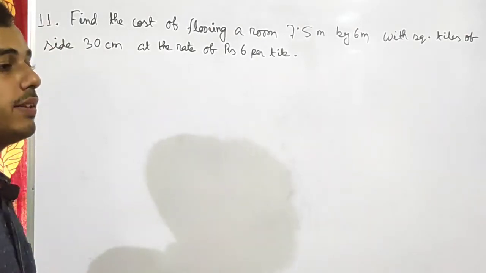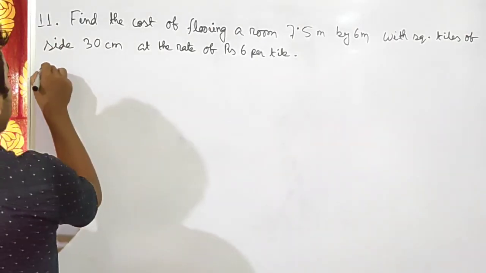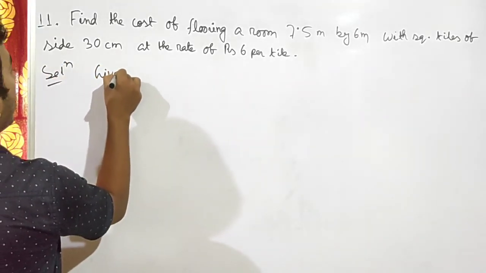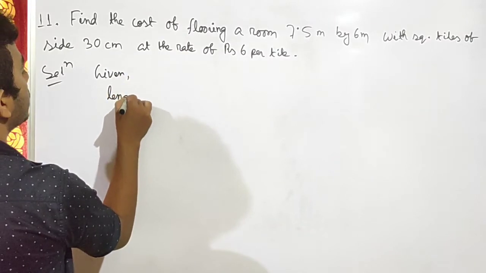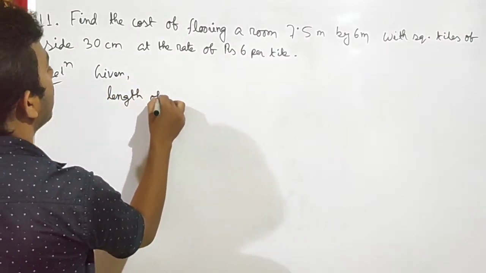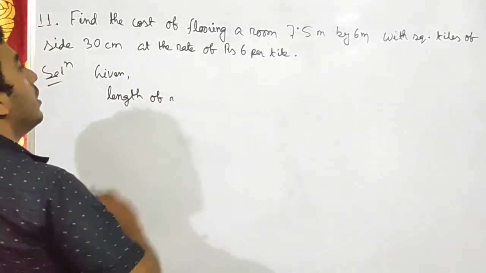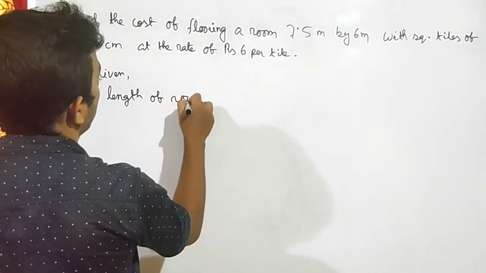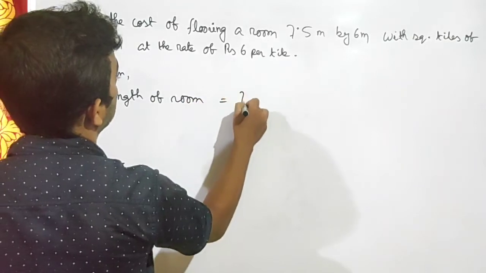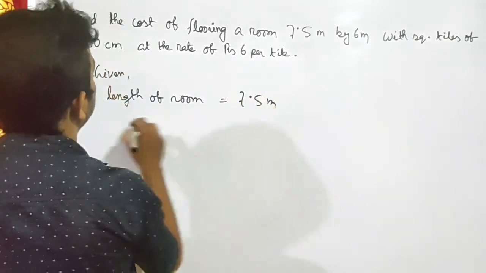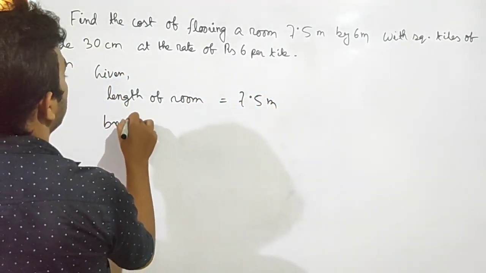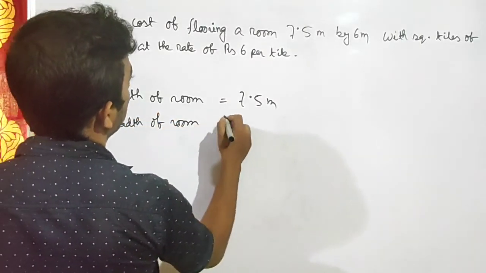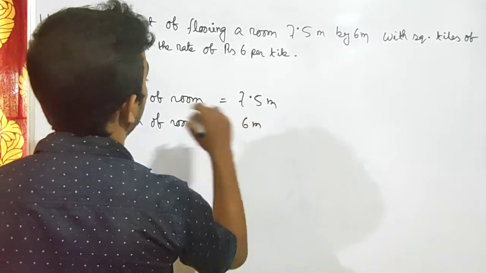So look, how can we find out? First we have to write the information given in the question, right? Given: length of room equals 7.5 meter, then breadth of room equals 6 meter. Clear?